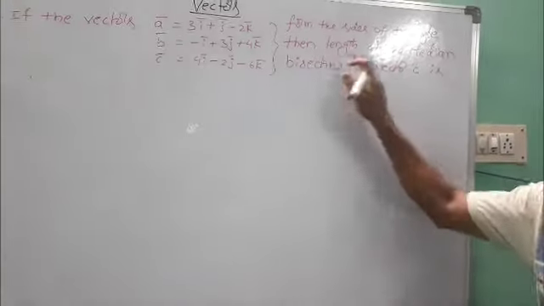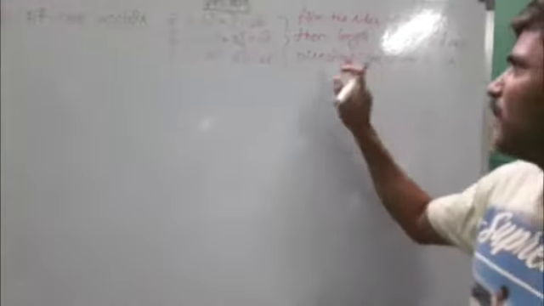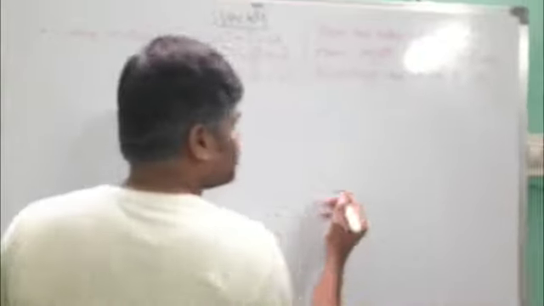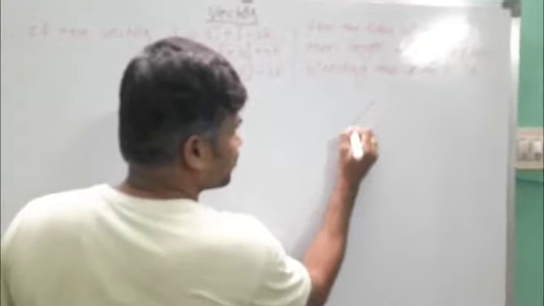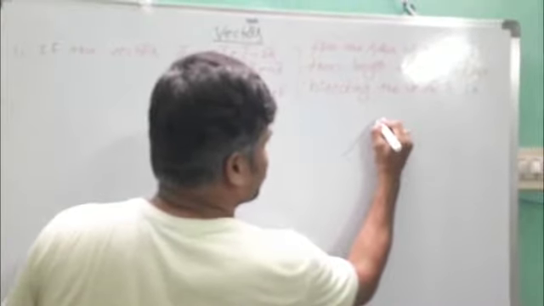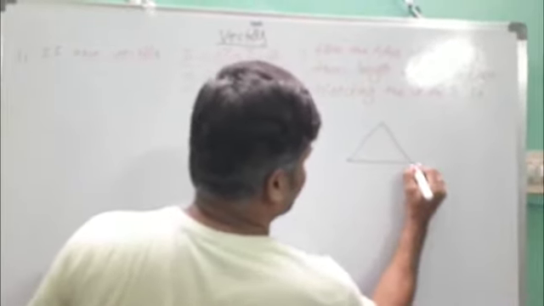So here, to find the length of the median bisecting the vector c bar, first of all we draw one diagram. Now the diagram is: this is the triangle.